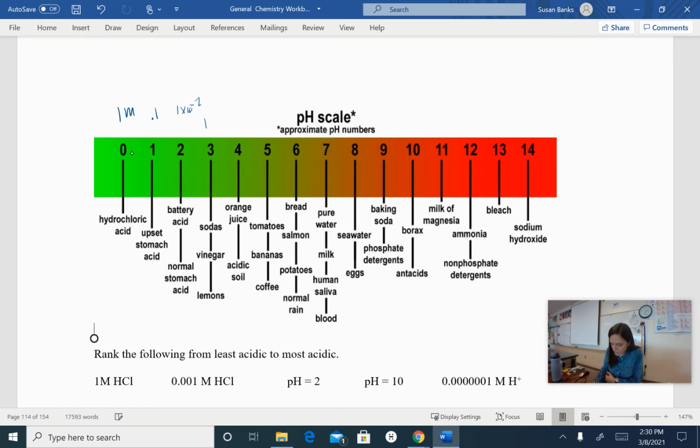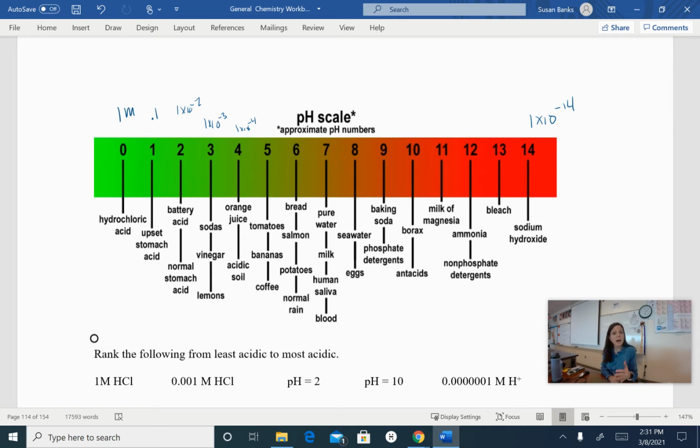And pH 3 would be 1 times 10 to the negative 3 in terms of concentration, and so on and so forth until we got all the way to 1 times 10 to the negative 14. So notice as the concentration gets smaller, 1 times 10 to the negative 4 here, and 5, and so on, the pH number gets bigger.